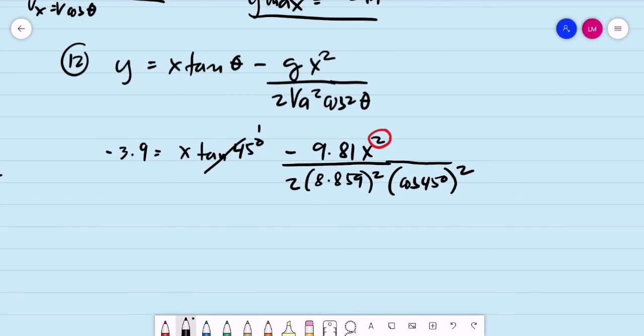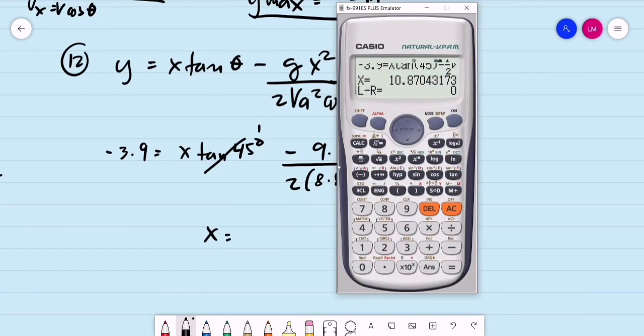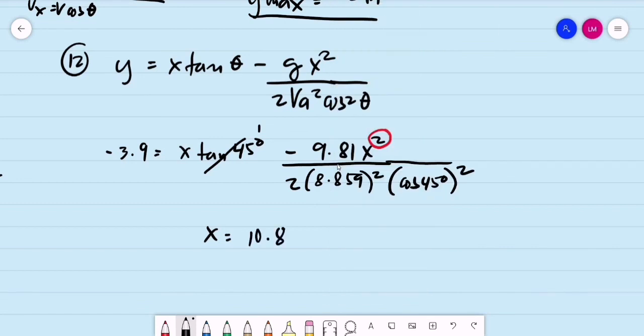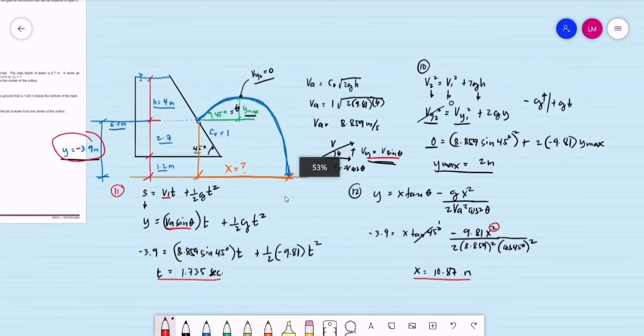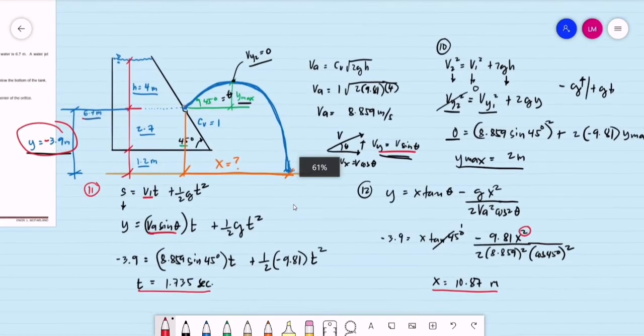Kaya pwede niyang ibigay yung isa to satisfy the equation. 10.87 meters. That is the range of the jet of water from this orifice. So solution natin for number 10 to 12.